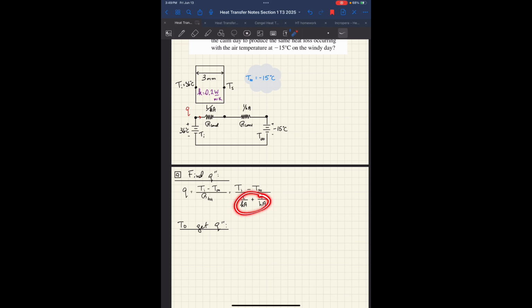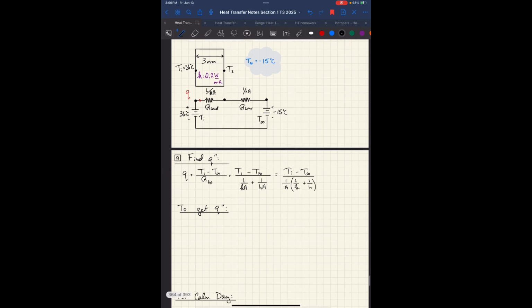Watch this. If you take a look down here, surface area is a common factor, really 1 over surface area is the common factor. So let's take that out as a common factor. So I basically get 1 over A times L over k plus 1 over h.